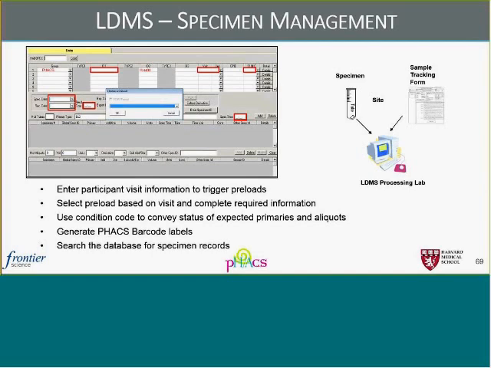After you've entered some of the things we like to refer to as trigger information, such as the group, the participant ID, and the protocol study, the LDMS is going to trigger a preload, and all you'll have to do is just select the preload, and it will pre-populate all the different samples that are expected at this visit. So you won't have to manually enter any of this information. You just have to go back and enter all the fields that I have currently highlighted in red.